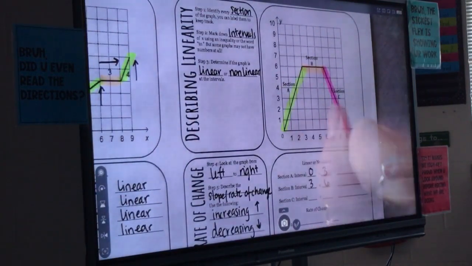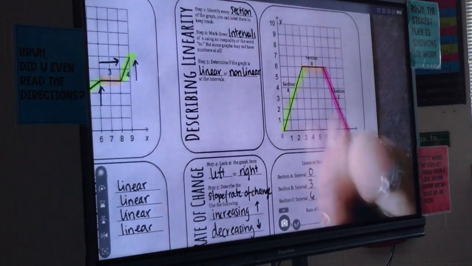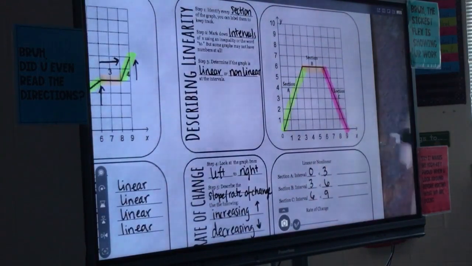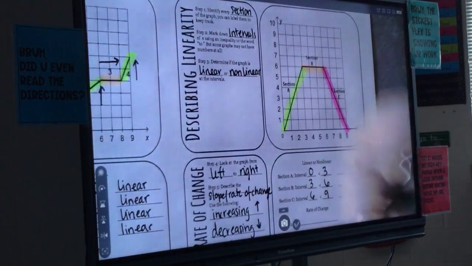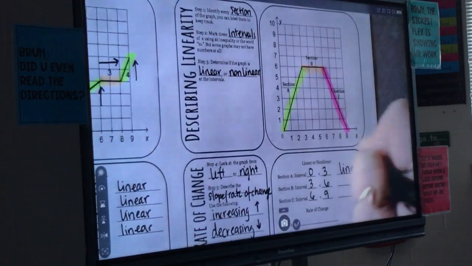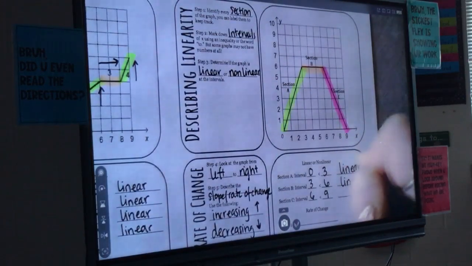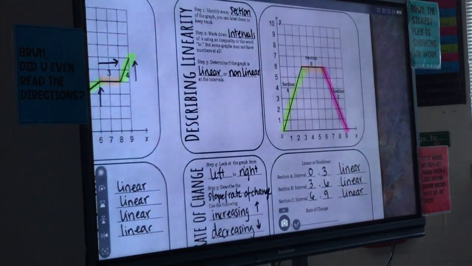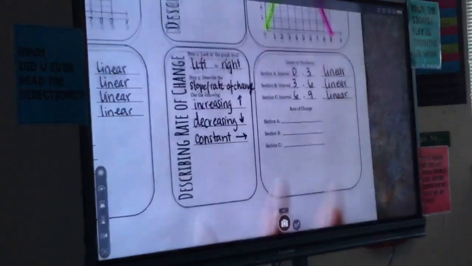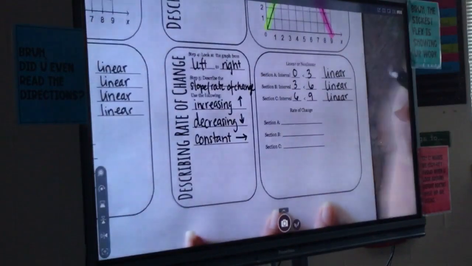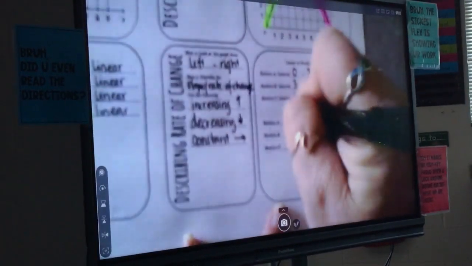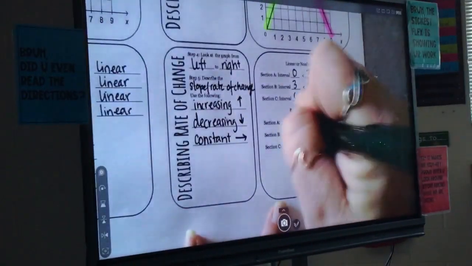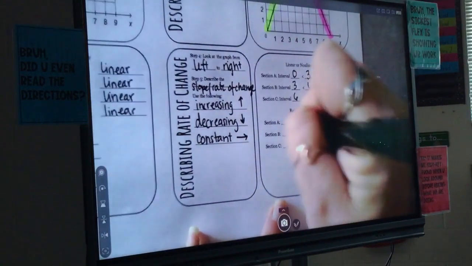And for section C, it's 6 to 9. Okay. And then, are they linear, non-linear? They're all linear. Okay. Cam, what's my rate of change? Section A, increasing, section B, constant, okay, and decreasing.